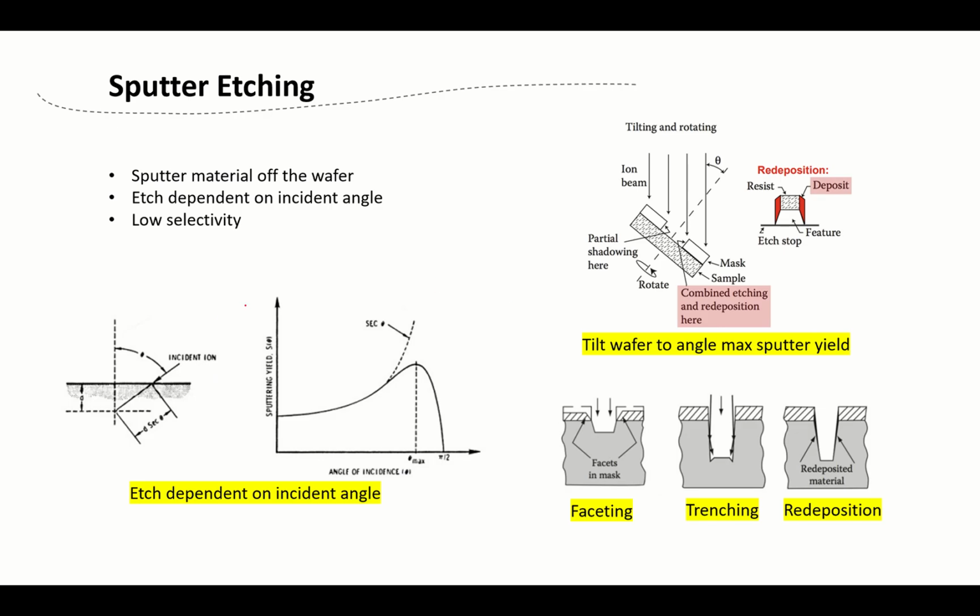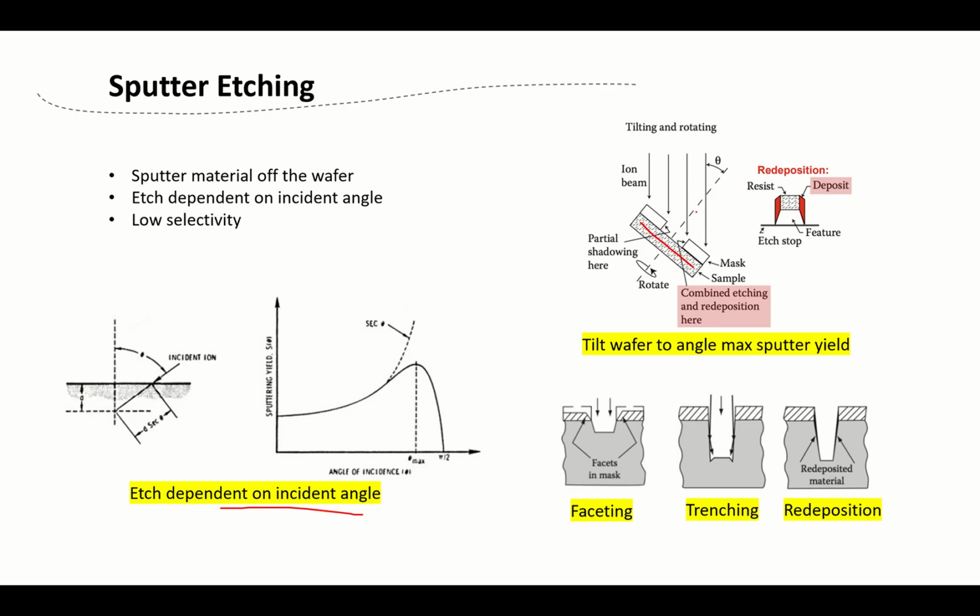Sputtering, we know, removes material off the wafer physically, and the etch is dependent on the incident angle, and you have those activities. And because it is dependent on incident angle, we normally tilt the wafer to maximize the sputter yield.